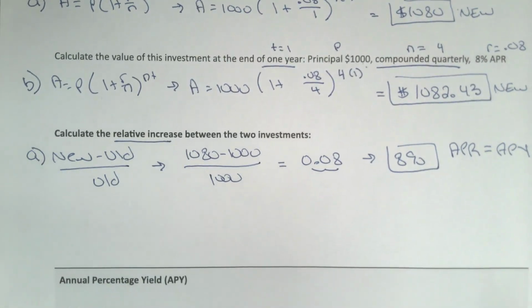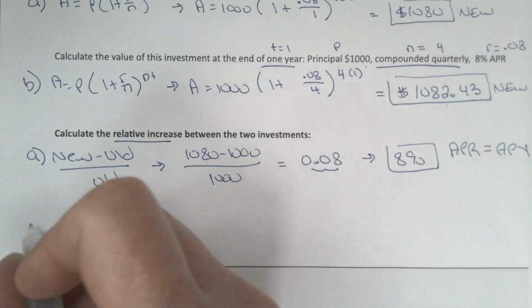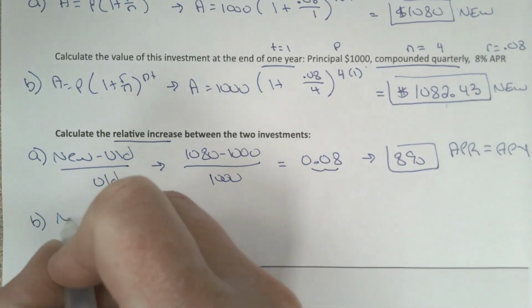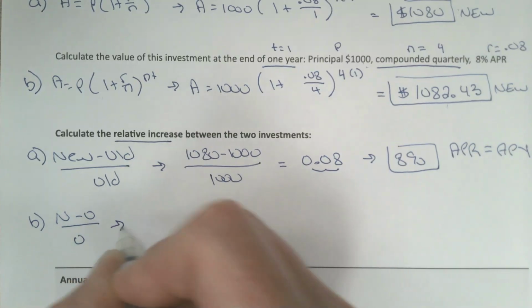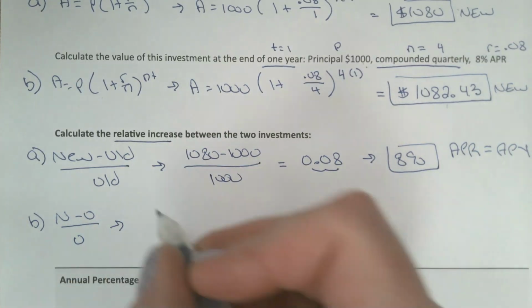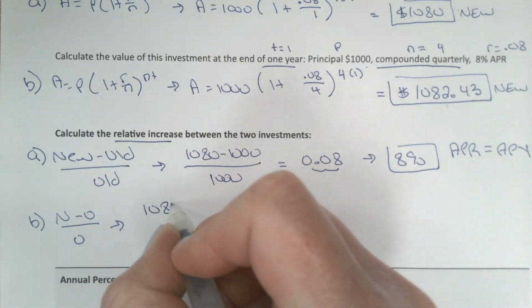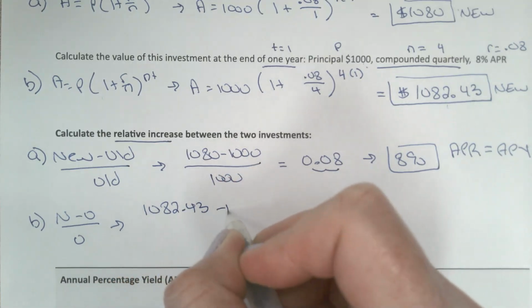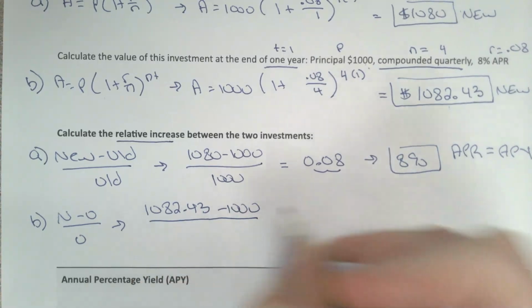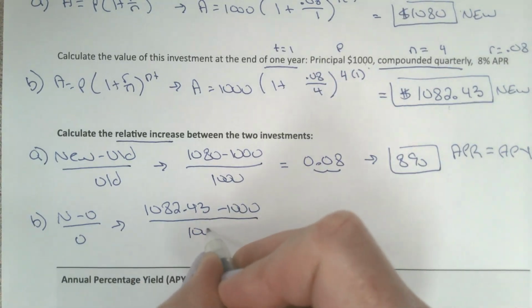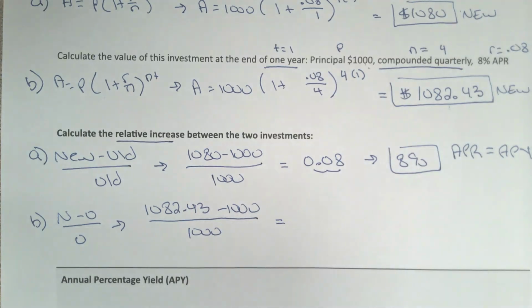Now we're going to do it with this problem. So I'm going new minus old divided by old again. Now my new amount is $1,082.43. I'm going to subtract off my $1,000 initial investment, divided by 1,000.